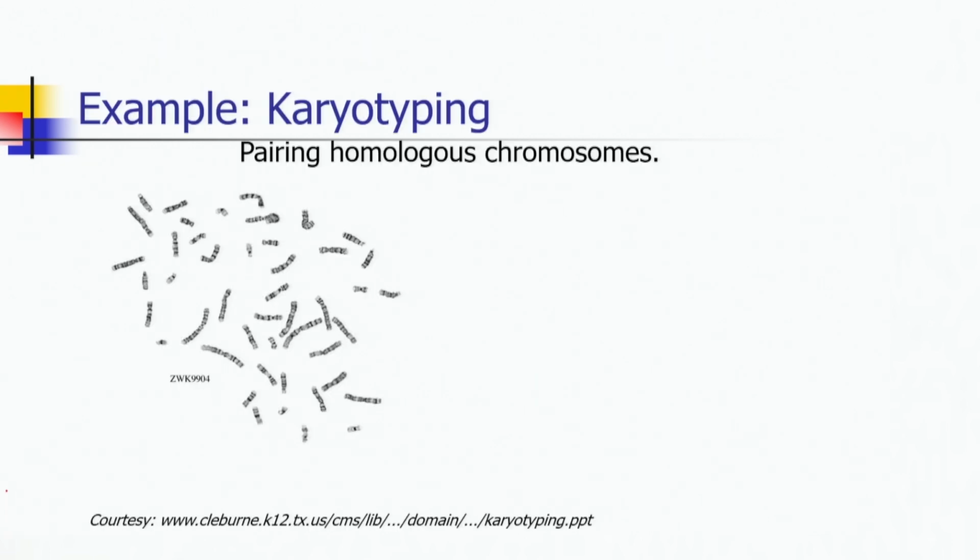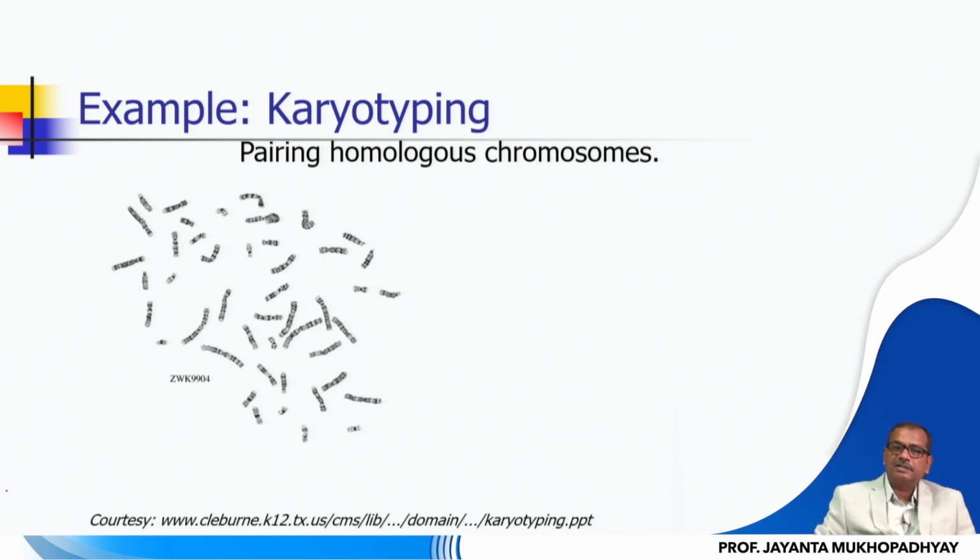Consider another problem. Say it's a karyotyping problem, and you have homologous chromosomes in our cell, and there are microscopic images of the nucleus of the cell, and there, as you know, at a certain stage of cell division, these chromosomes are visible with a certain kind of staining, and they form certain bands.